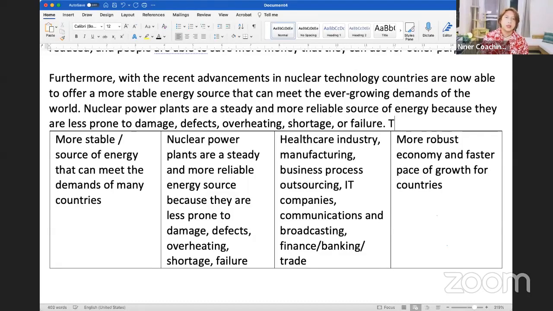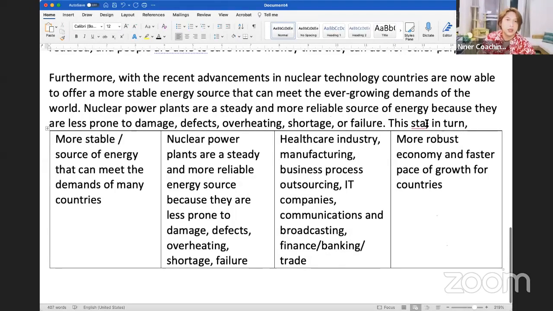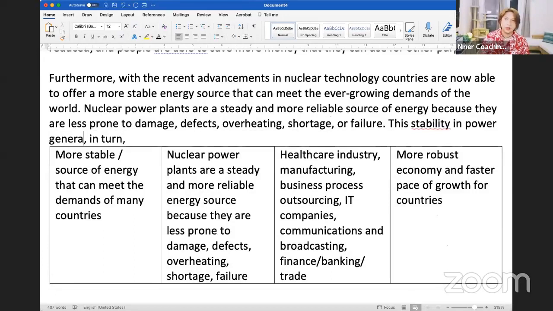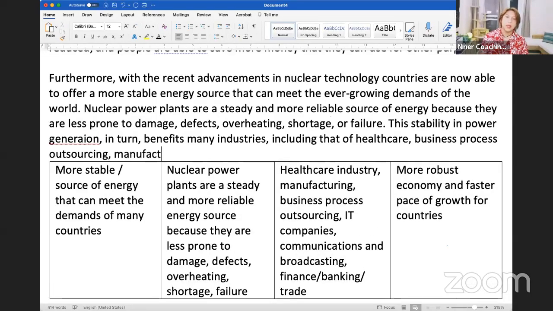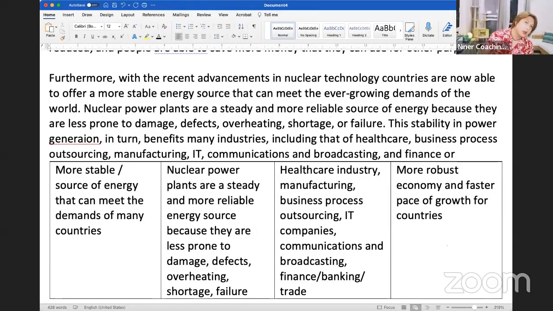This stability in power generation in turn benefits many industries, including healthcare, business process outsourcing, manufacturing, IT, communications and broadcasting, finance, trade, or banking.